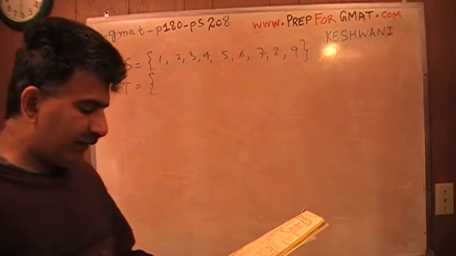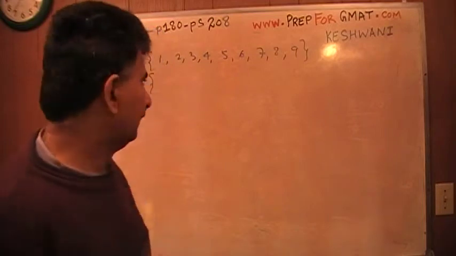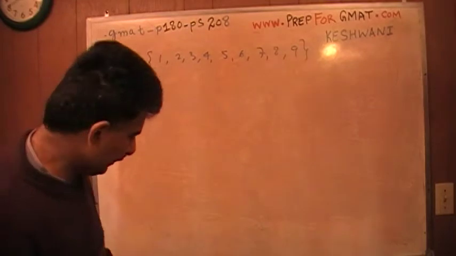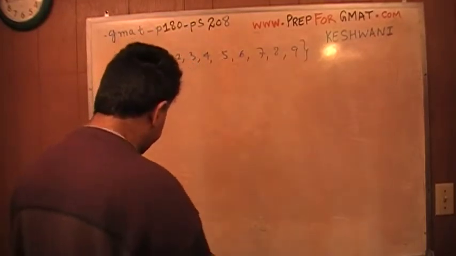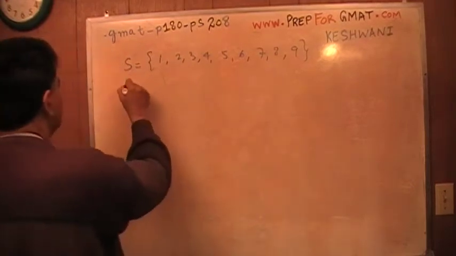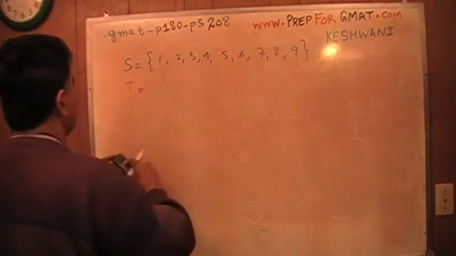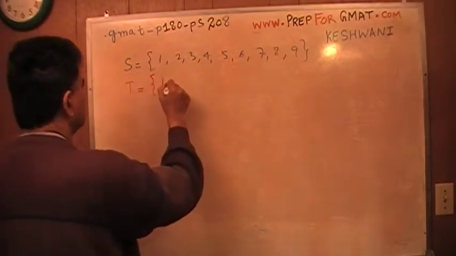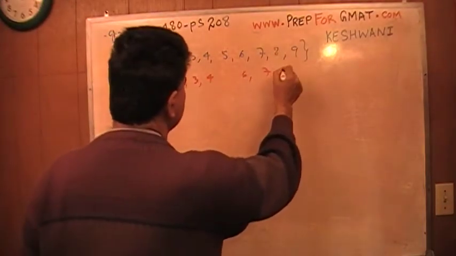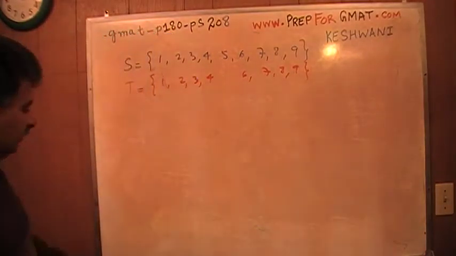The first statement says the mean of S is equal to mean of T, and our job is to figure out whether or not there is a possibility. Could the mean of S be equal to mean of T? The answer is why not? For example, if I just skip the 5, are you able to tell me what is the mean of S?